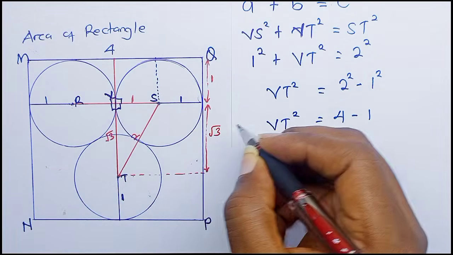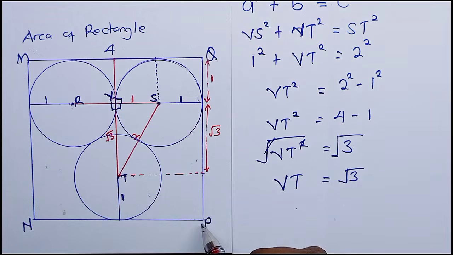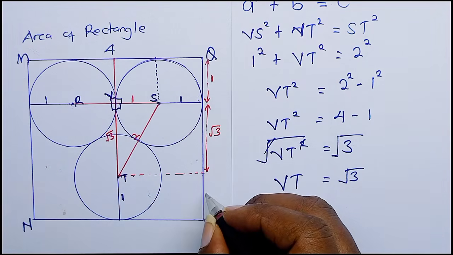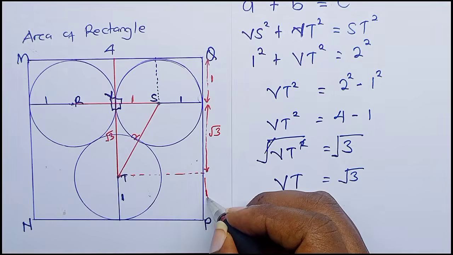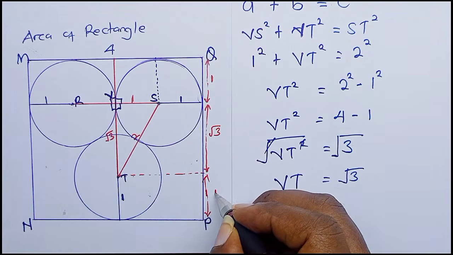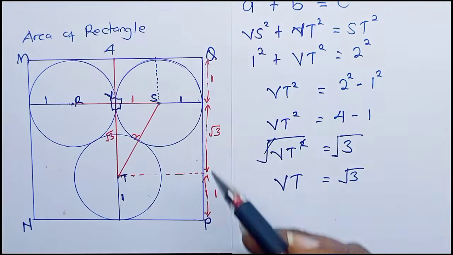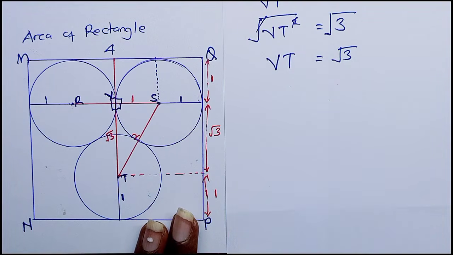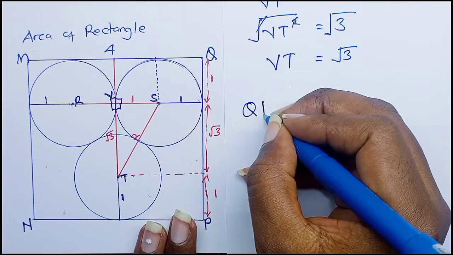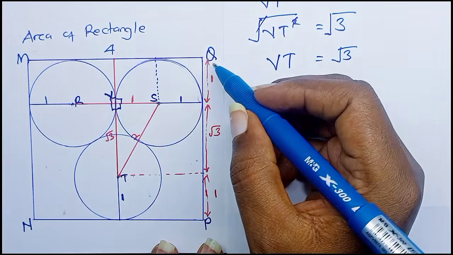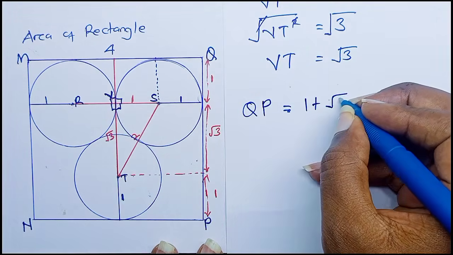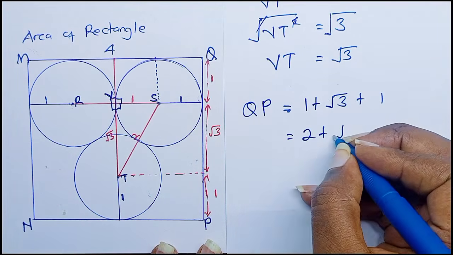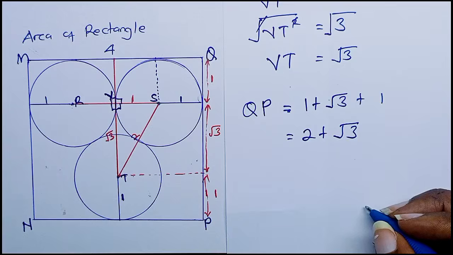So this is root 3. Then from here to here is the same as radius from this point T to this point, which is 1. So this is 1. So now side QP is equal to 1 plus root 3 plus 1, which is equal to 2 plus root 3.